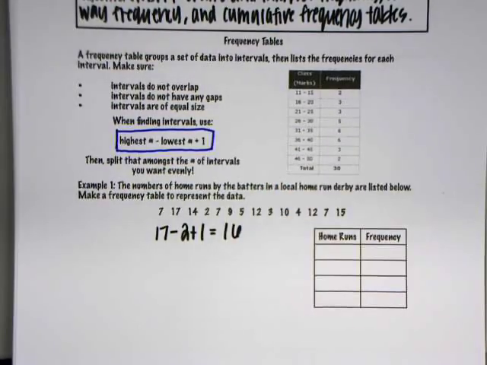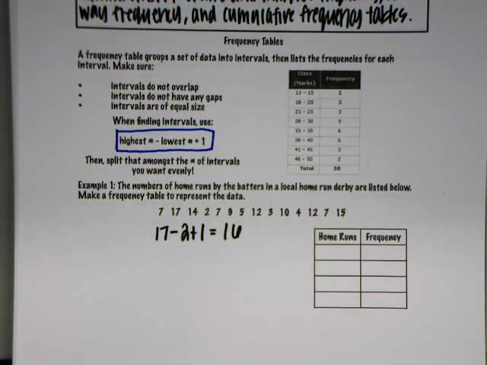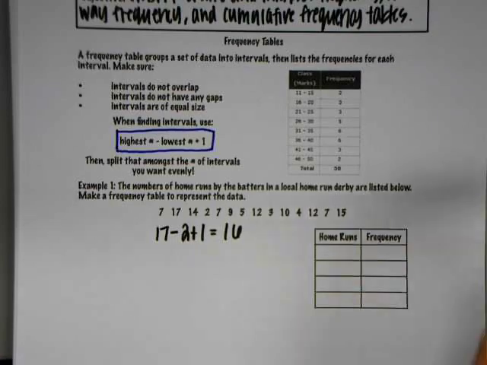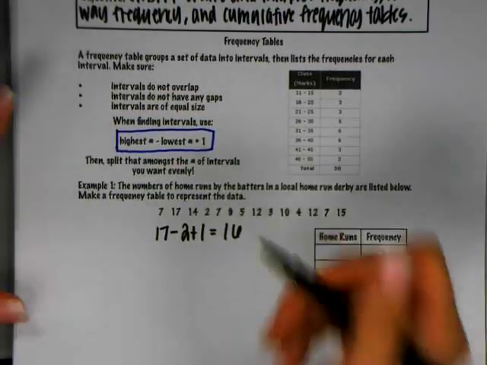So the reason why we have to add the 1, which always trips everybody up, is because if you do 17 minus 2, what's that? 15. But if you actually count how many numbers that is, starting with 2, you have 2, 3, 4, 5, 6, 7, 8, 9, 10, 11, 12, 13, 14, 15, 16, 17. It's actually 16 numbers. Does that make sense? Because you have to count the 2, and it's not counted when you do subtraction. So you always have to add the extra 1.